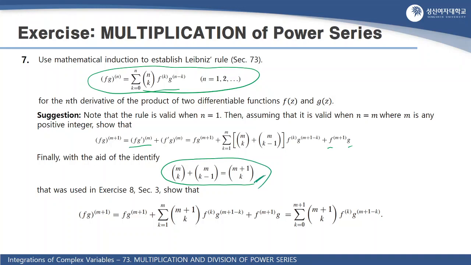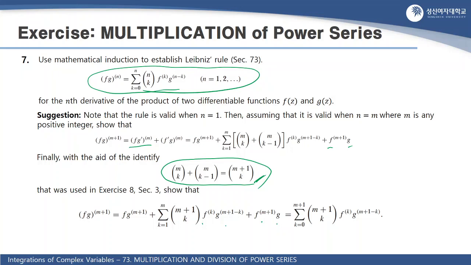This identity is valid, so just use this identity to show that the (m+1)th derivative of f times g is equal to f times the (m+1)th derivative of g plus the summation from k is 1 to m of m plus 1 choose k times the kth derivative of f times the (m+1-k)th derivative of g, plus the (m+1)th derivative of f times g.